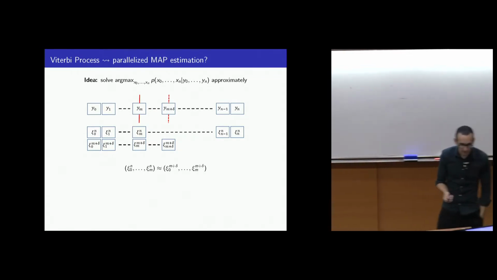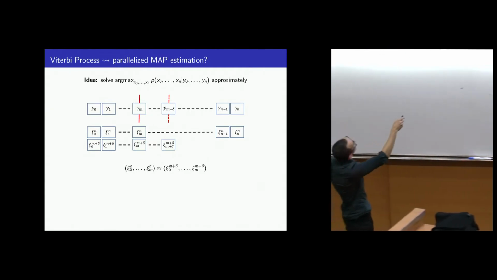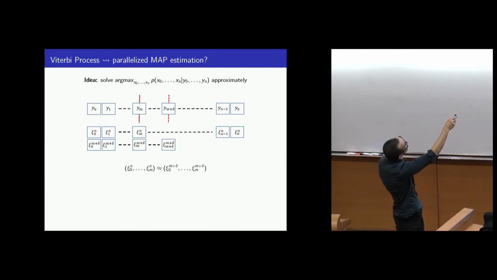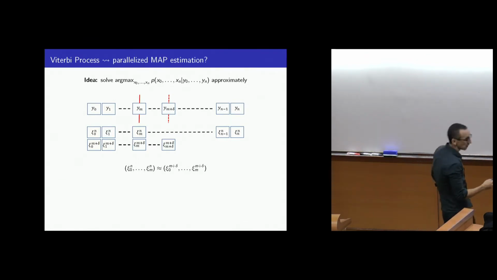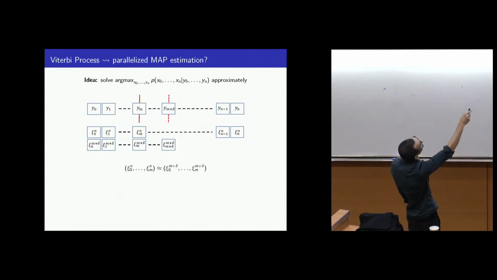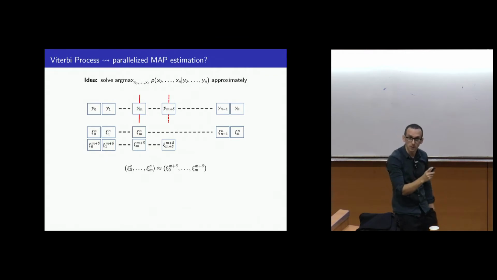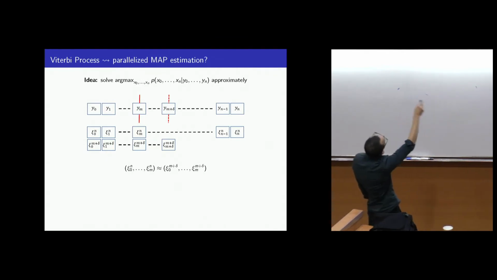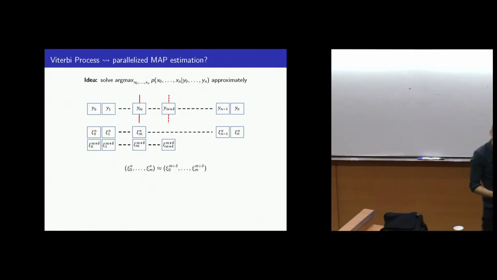So the idea is this. Let's suppose that I want to compute just the first 0 to m components of the MAP estimator, just the first few components. Well, the existence of that limit suggests that I don't need to know these observations in order to calculate these first few components approximately, right? I just maybe need to know the first m to m plus delta observations. Maybe that'll do.